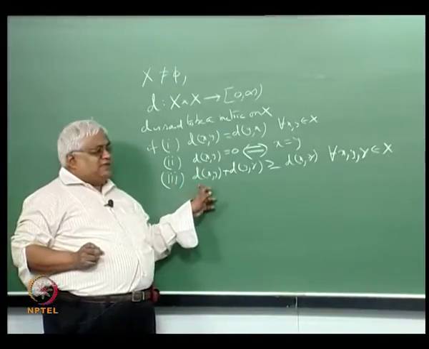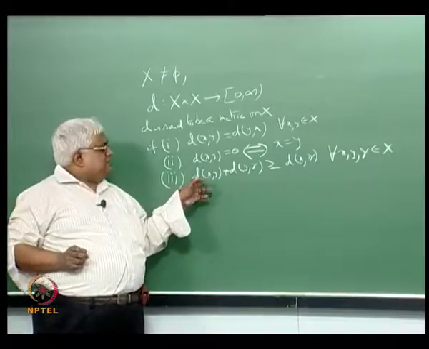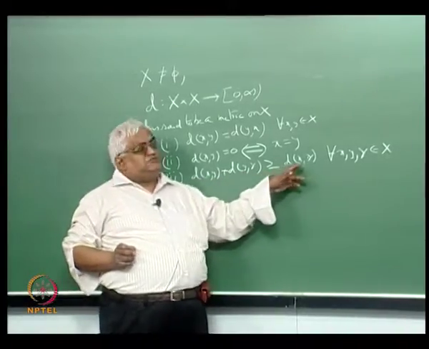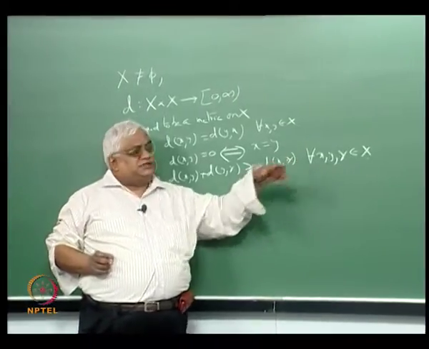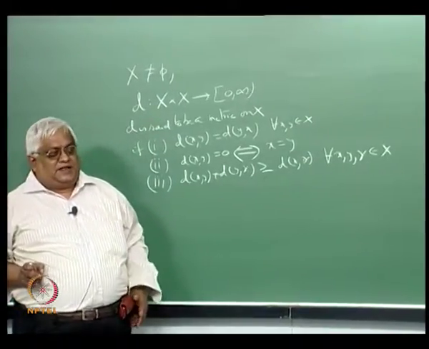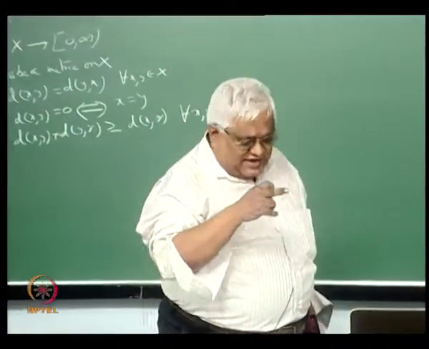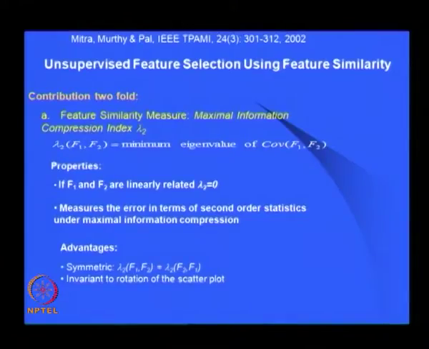And the last one is the triangular inequality: distance between x and y plus distance between y and z is greater than or equal to distance between x and z, for all x, y, z belonging to X. Now, the distance measure that is proposed here is not a metric, which can be easily seen.